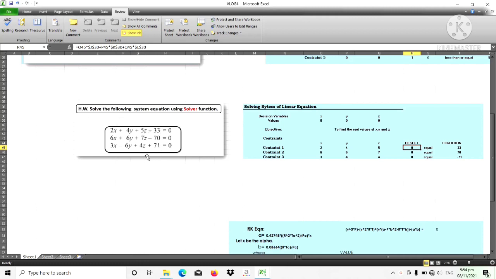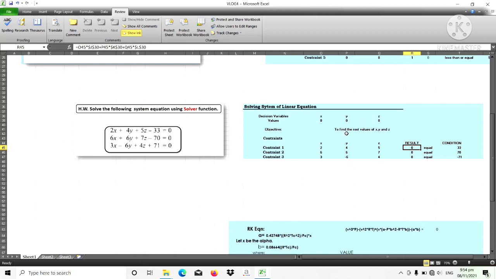So here is our system of equations. We have these decision variables, which are x, y, and z. We assume that the values for x, y, and z are equal to 0.